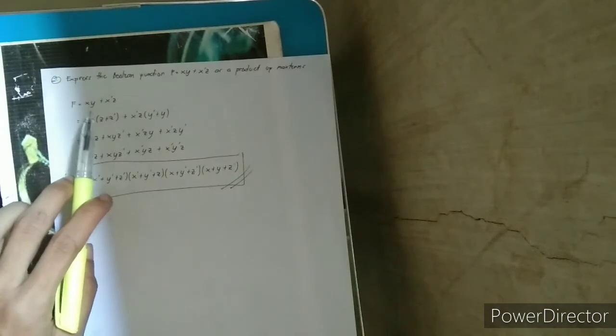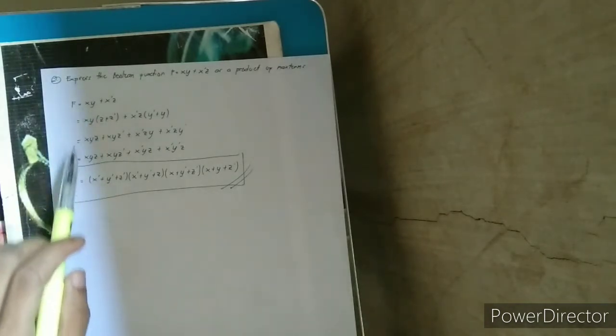Just like in problem number 1, we need to contain all the variables x, y, z. Here it lacks the z variable, so we just need to multiply by z plus z prime.